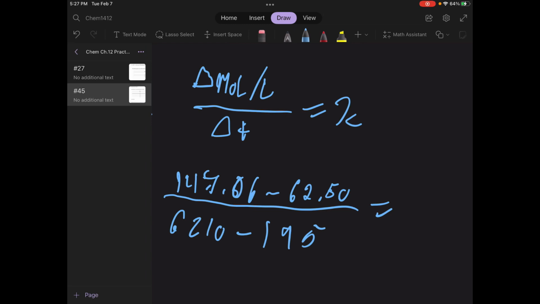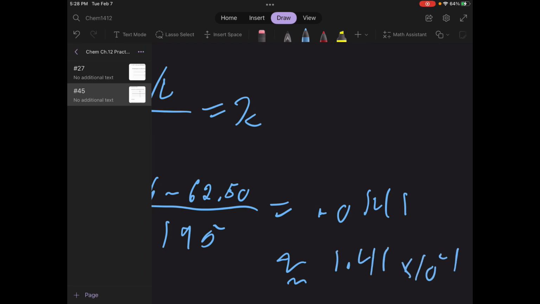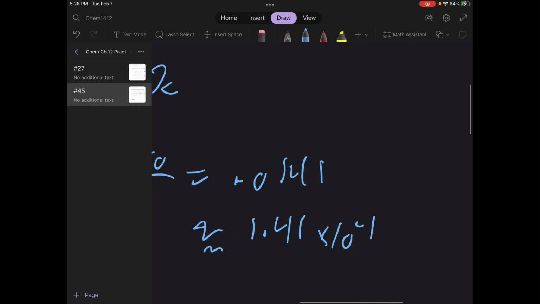We get that our slope is equal to 0.0141, which is essentially 1.41 times 10 to the negative 2, oh, I'm sorry, negative 2.